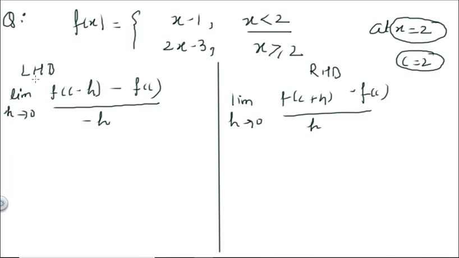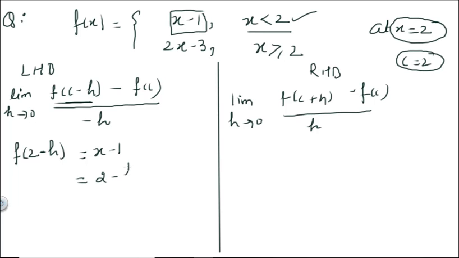Now LHD means we are checking less than 2. Less than 2 means the function value is x minus 1. So first, f of c minus h means f of 2 minus h. For this 2 minus h, which is less than 2, the function is x minus 1. Instead of x, we will put 2 minus h minus 1. So 2 minus 1 is 1, and you get 1 minus h as the answer.